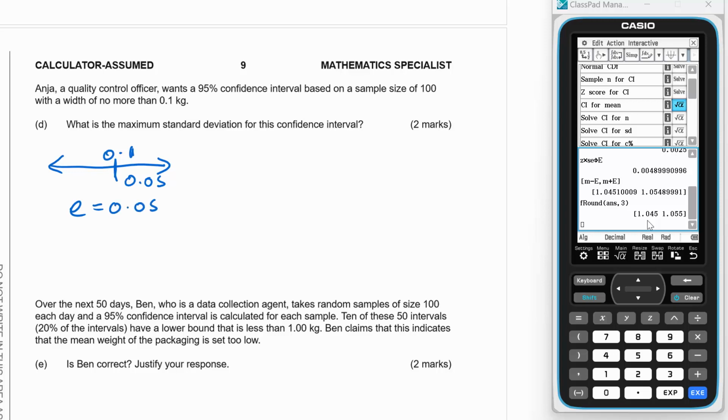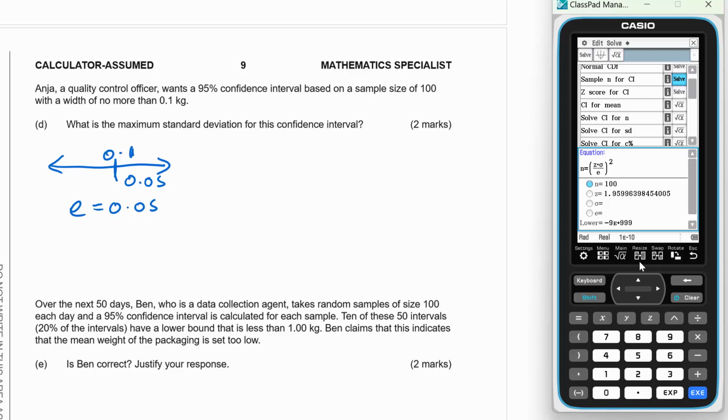And so we can use this to find the maximum standard deviation. So we've got the z-score for CI. We know it's 95%, and we already went in and did that earlier on. And the sample n for CI is the one we want. Now, we want to set that to 100. And we've got the Z value correct in there.